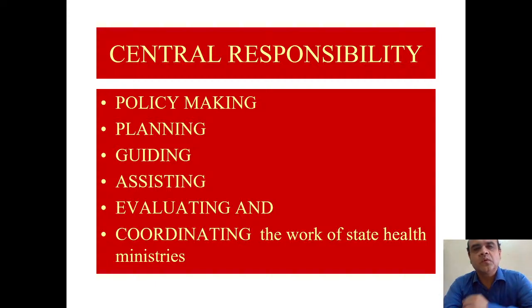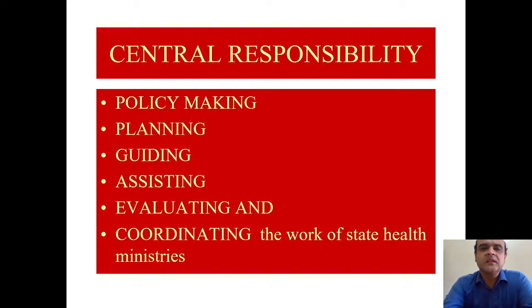We will discuss the whole thing in a very formal way in the classrooms, but there is something known as policy. They have to make policies, and then planning. Policy cannot be made without proper planning.